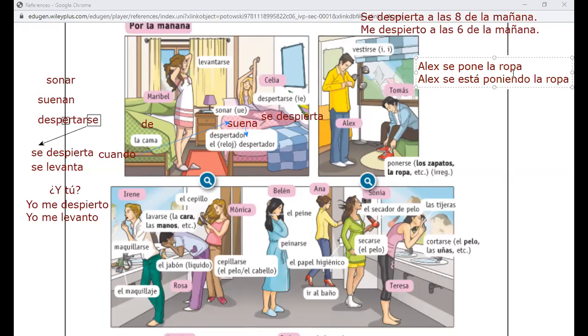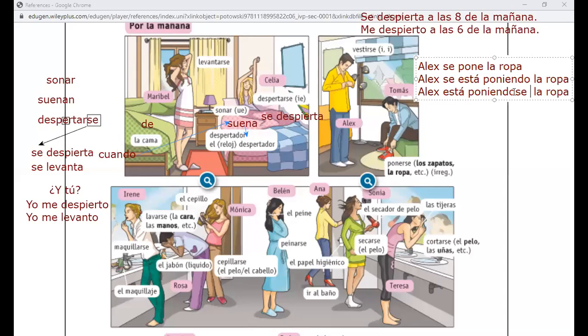But I have another one for you. The only way that you can use the reflexive pronoun attached is attached to the infinitive or attached to the gerund. Watch this. Está poniendo.